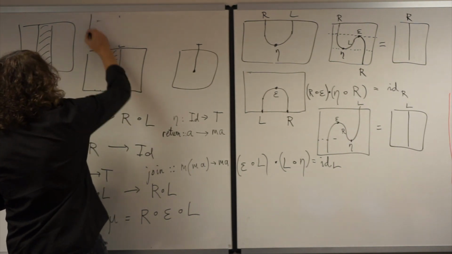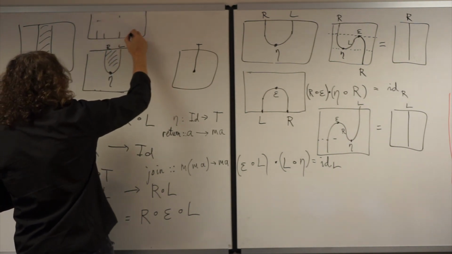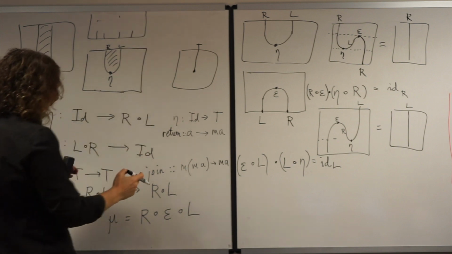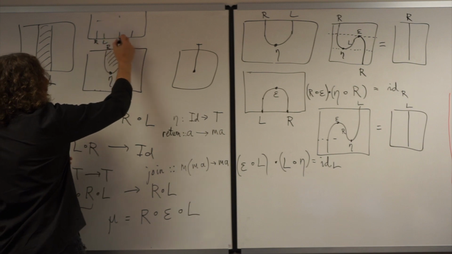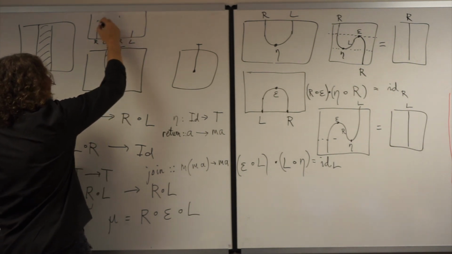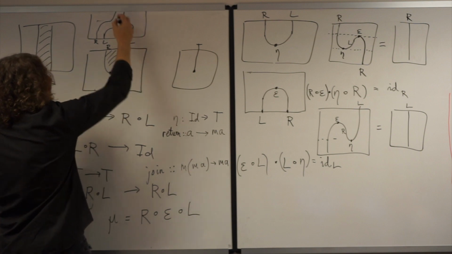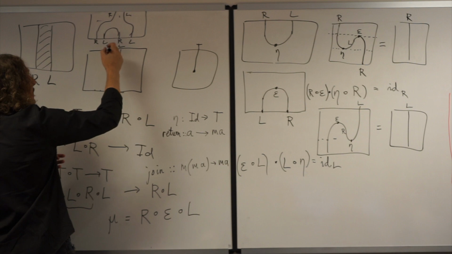And mu will start with two T's, which is R, L, R, L, and combines them into one R, L, right? So how can we do this?